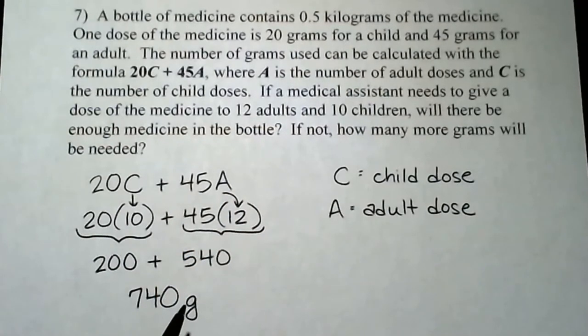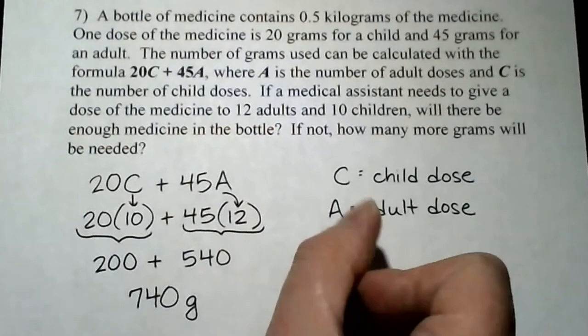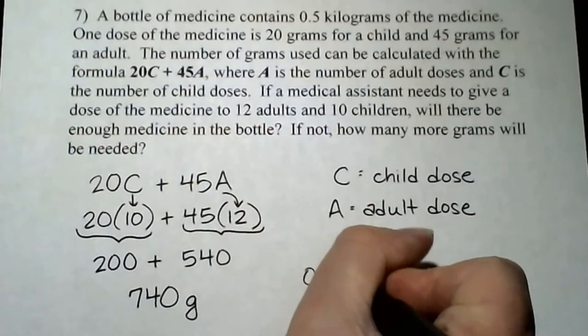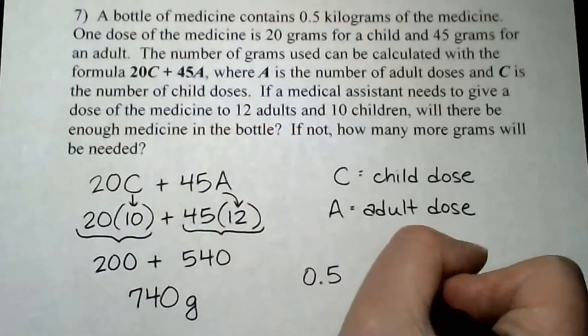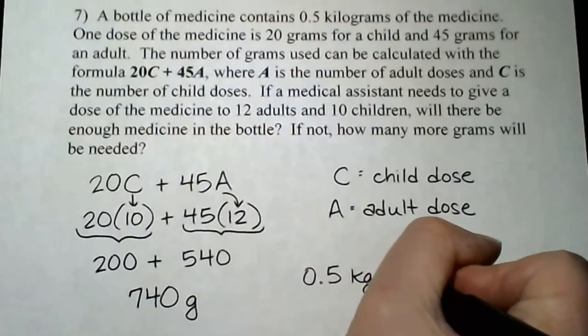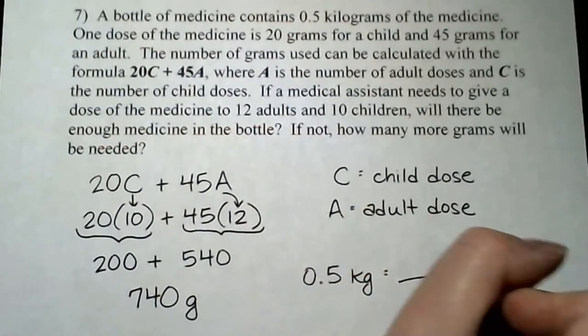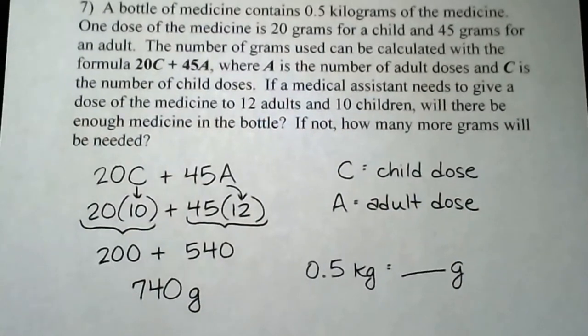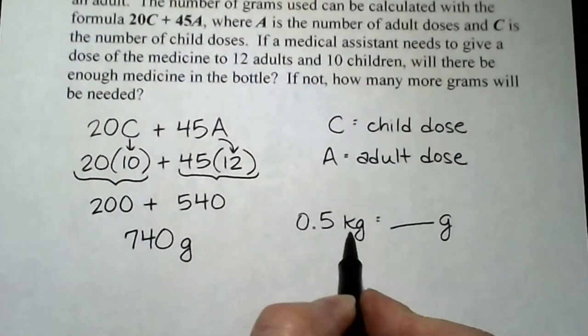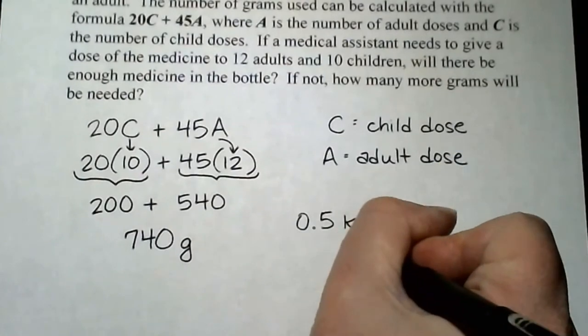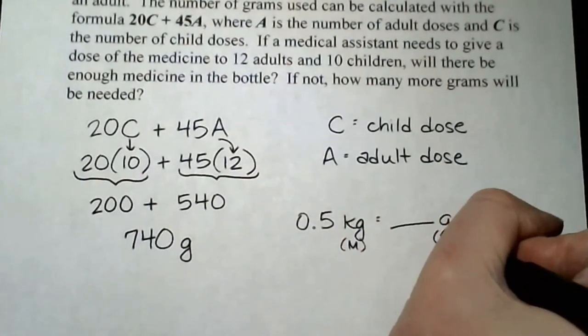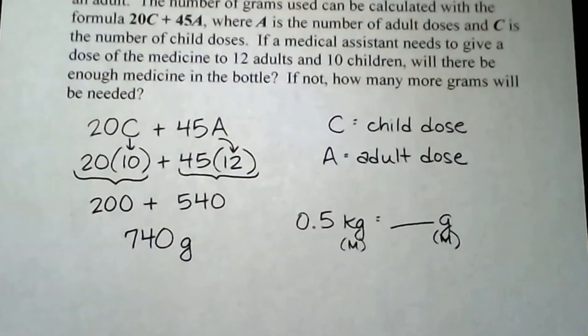That doesn't match with the unit that we were given. So what I'm going to do is take the 0.5 kilograms and convert it to grams using the metric prefix line, because these are both metric, and that'll tell me how much we actually have to use.